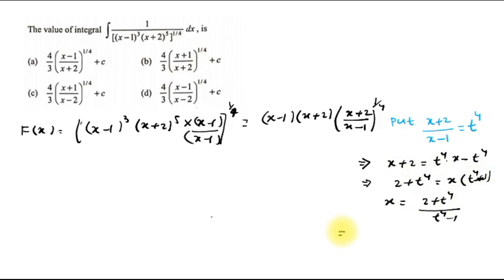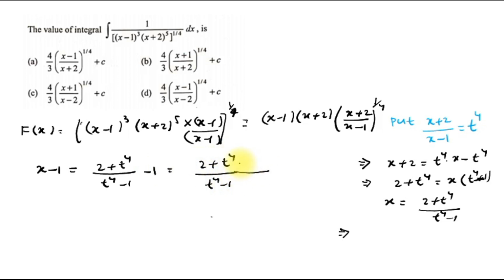So here we have to find the value of x plus 1, x minus 1 and x plus 2. See here, x minus 1 is equal to (2 plus t⁴) divided by (t⁴ minus 1) minus 1, that is (2 plus t⁴ minus t⁴ plus 1) divided by (t⁴ minus 1), where the t⁴ cancel out.